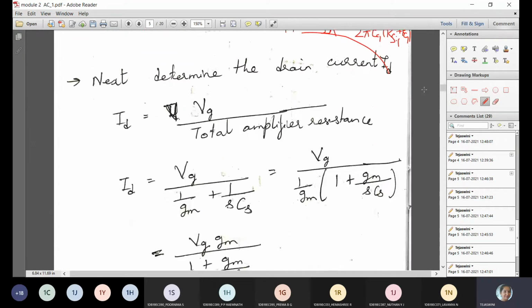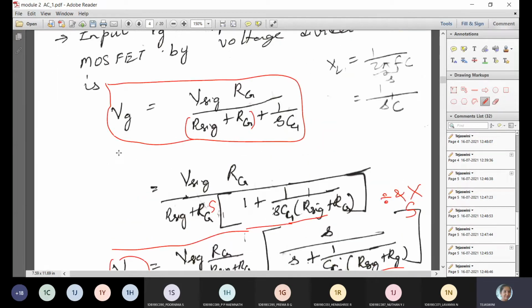Okay. So next, we need to find out the drain current first. Current is voltage by resistance. So in this particular case, ID is the drain current. It is voltage Vg by the total amplifier resistance. You can observe in the circuit.